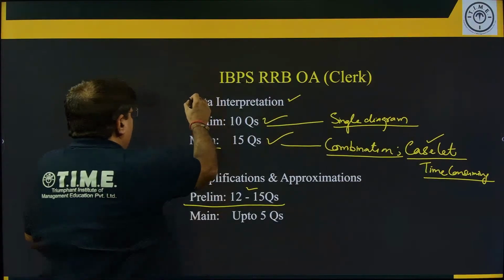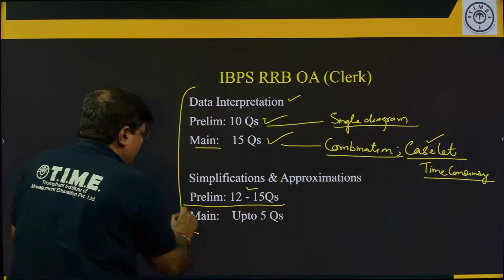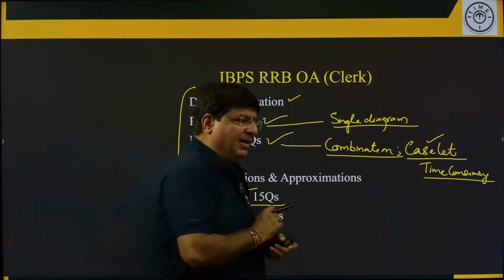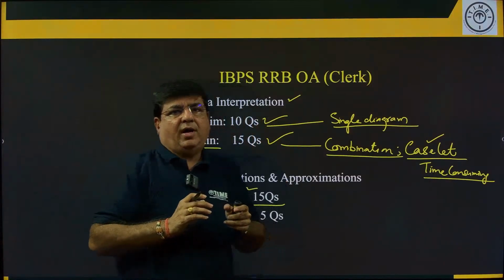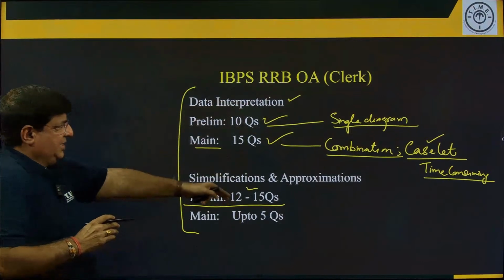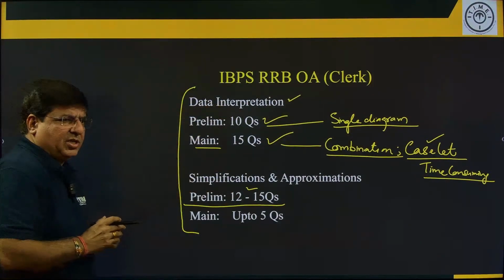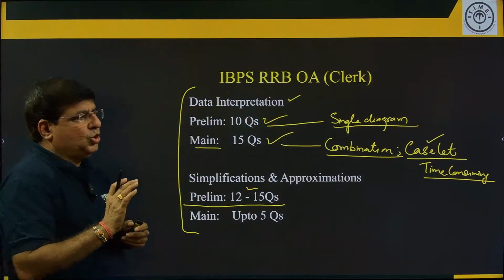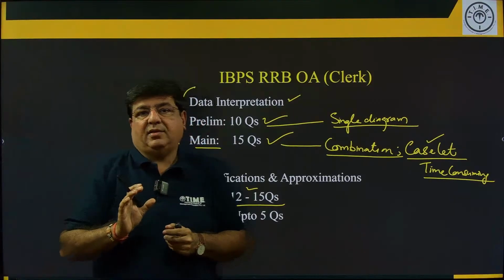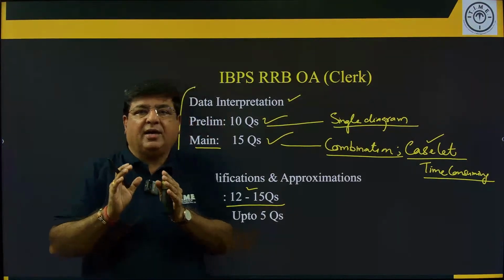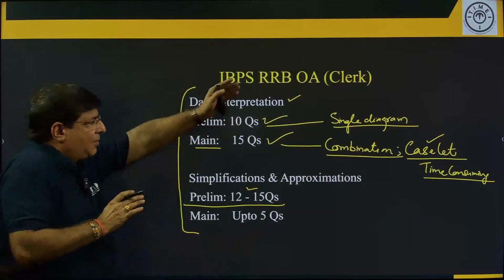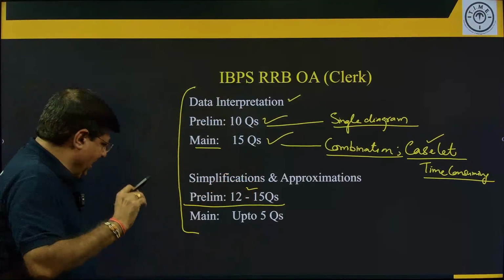Now, when you look at these two areas, data interpretation and simplification, there are certain prerequisites for both test areas. There are certain things which you should be perfect with. I'm not saying that you should know, I'm saying that you should be 100% perfect in some of the things which I'm going to list down.